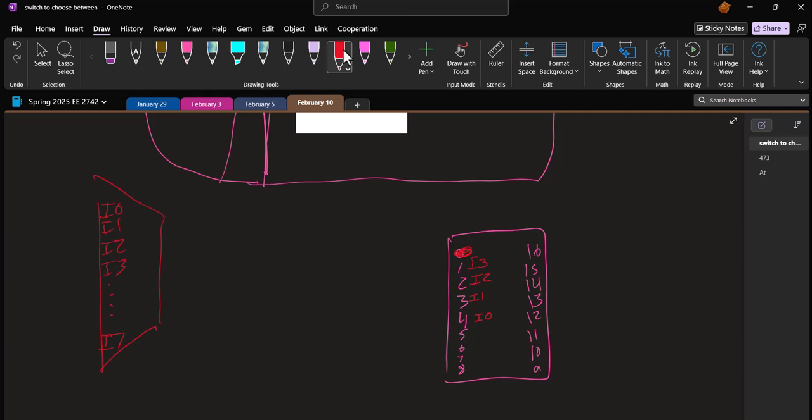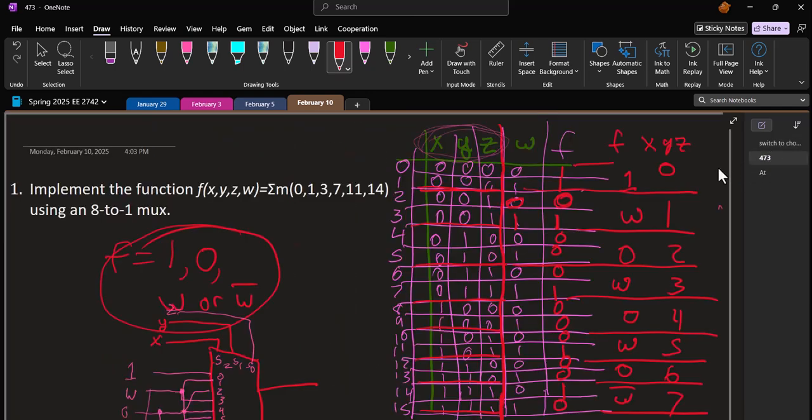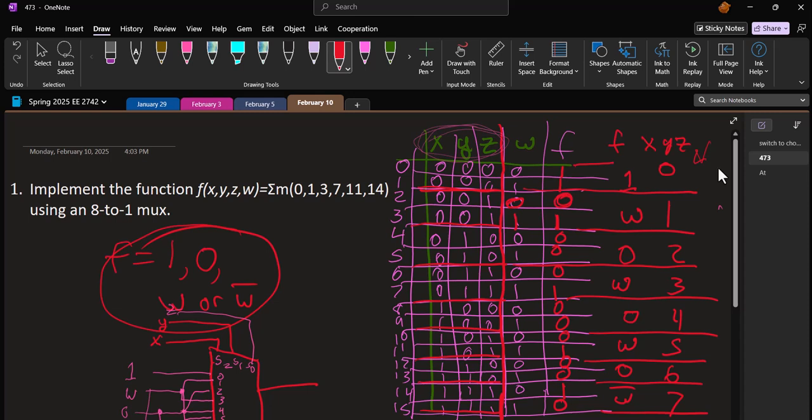I3, and then I4 was right here, and I5, and I6, and I7. So these 0, 1, 2, 3, 4, 5, 6, 7, those are the same as this XYZ in this chart right here. So for example, let's say pin 6.